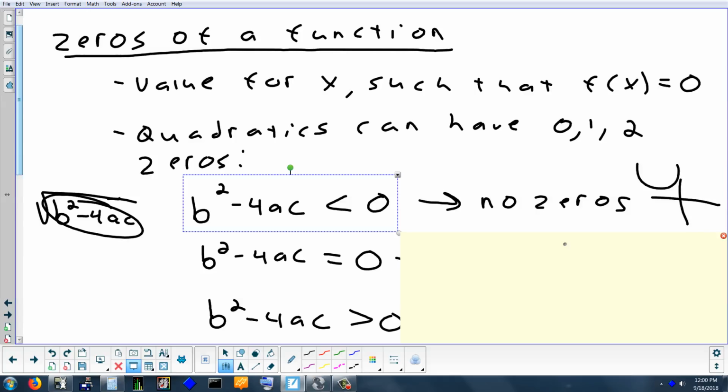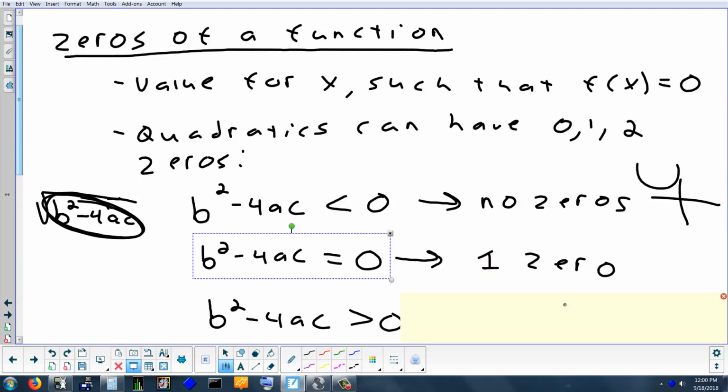Now in the second case, it's where it comes out to exactly 0. Well, what's the square root of 0? 0. 0 times 0 gives you 0. So there's only one answer to that. I asked you what's the square root of 0, and I got one correct answer.